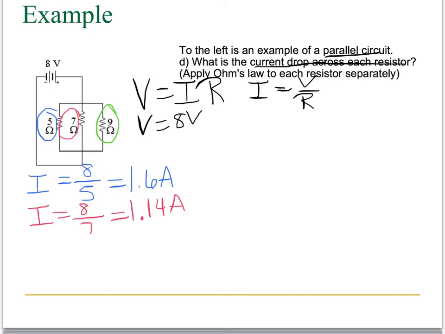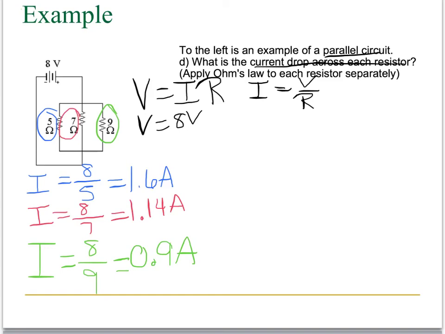Then for our green resistor, we have a voltage of 8 volts and a resistance of 9 ohms, which gives us 0.9 amps.